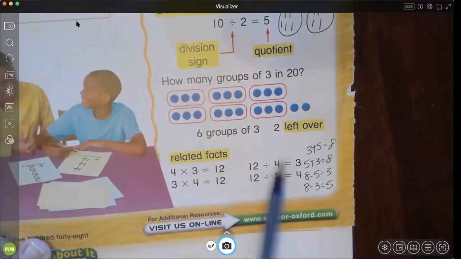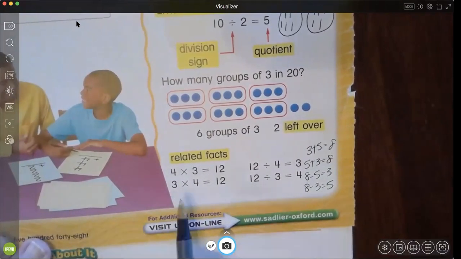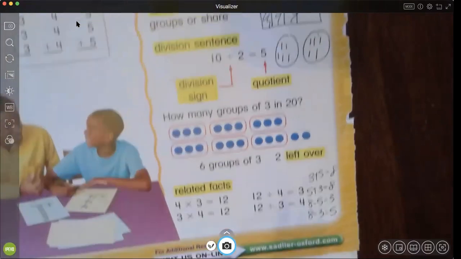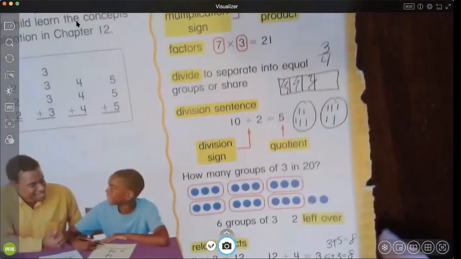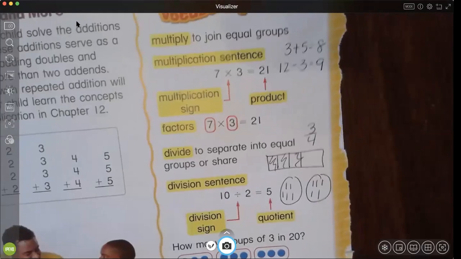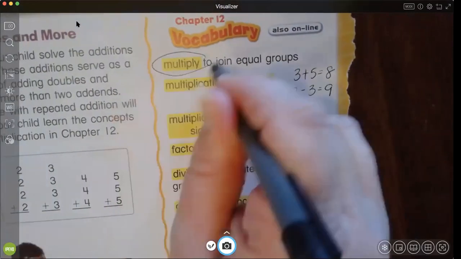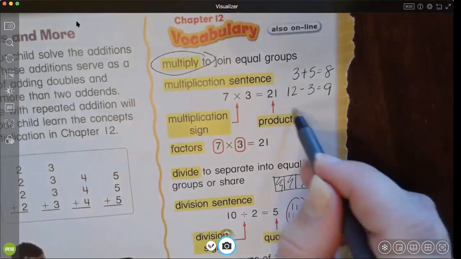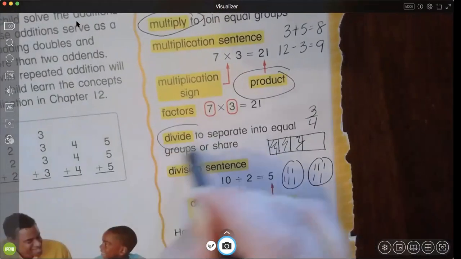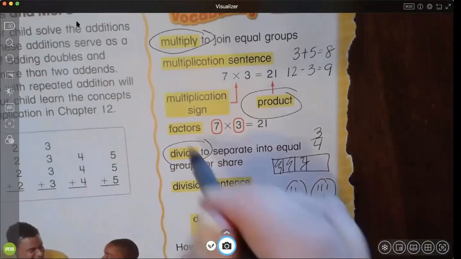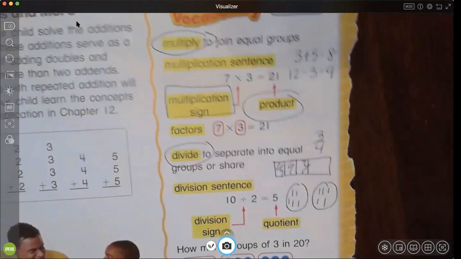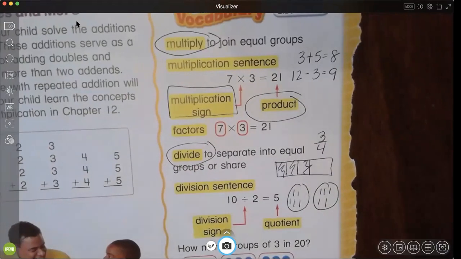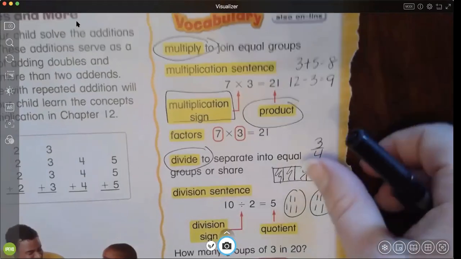It's the same thing, but it's with multiplication and division, but we won't get to that. We won't get that far either, okay? So those are our vocabulary words, all right? The main ones that I want you guys to know are multiply, product, divide. And you obviously need to know multiplication sign, but that's kind of a vocabulary word, kind of not, okay? Alrighty, so let's get started with lesson 1.